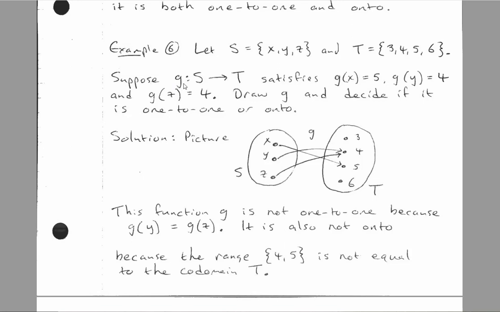And we set up another easy function from S to T. Okay, so where does G send the elements of the domain? Well, X gets sent to 5, Y gets sent to 4, and Z gets sent to 4.